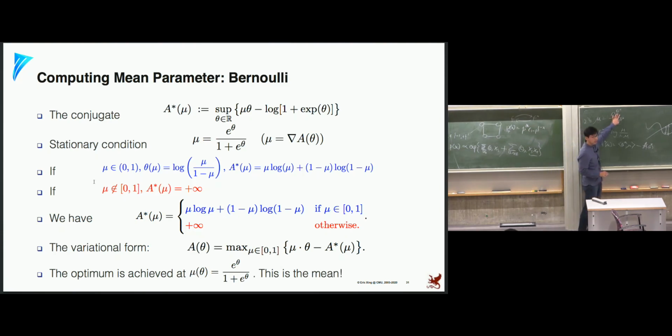For any value of theta, can this value of mu take something like 2? No? Why? Reason? Yeah, right. Okay, you're the same person, right? You get 1.5 additional points then.